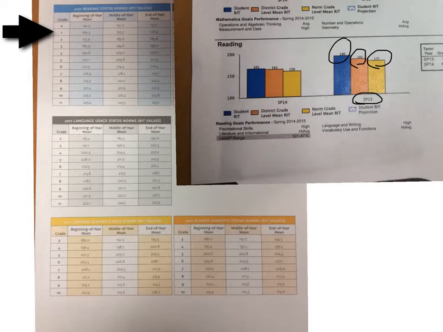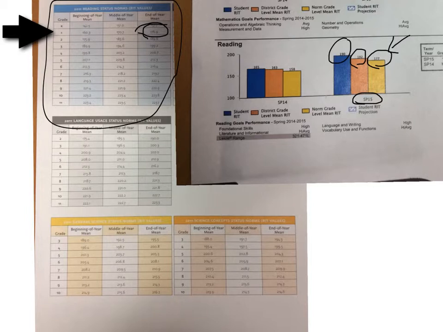this student scored 190. So if we look over here at our reading means, we have for first grade, end of the year, 176.9 is the end of the year, or 177, which again matches here with our yellow number. So the question then is, where does our school average of 182 fall?